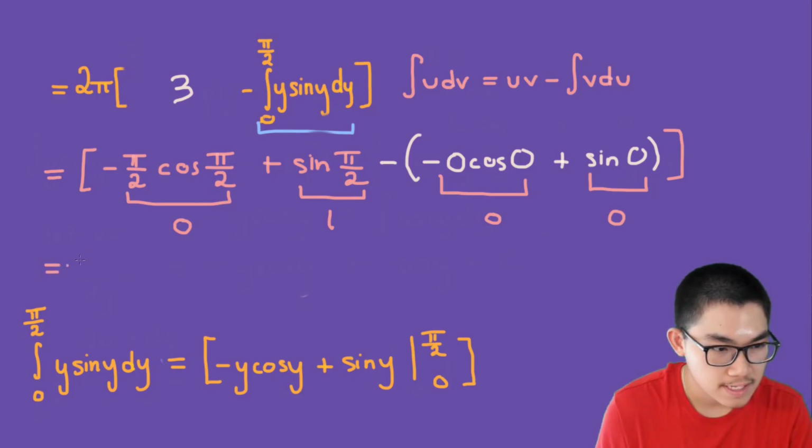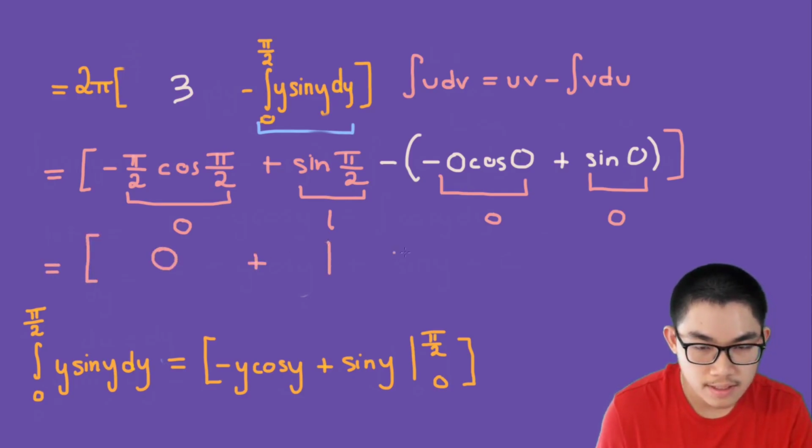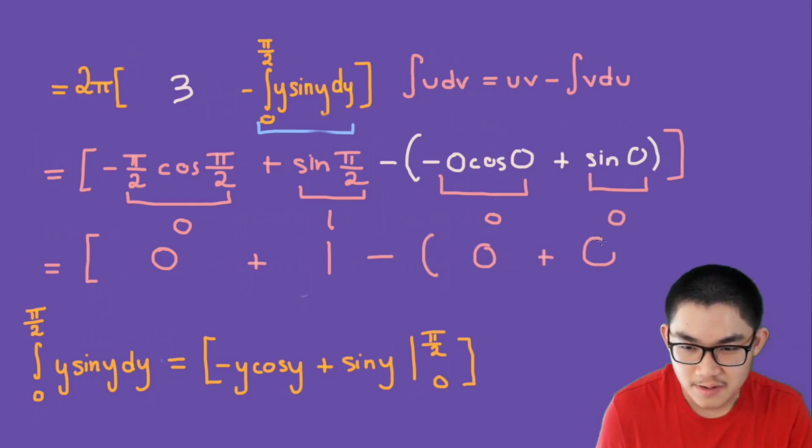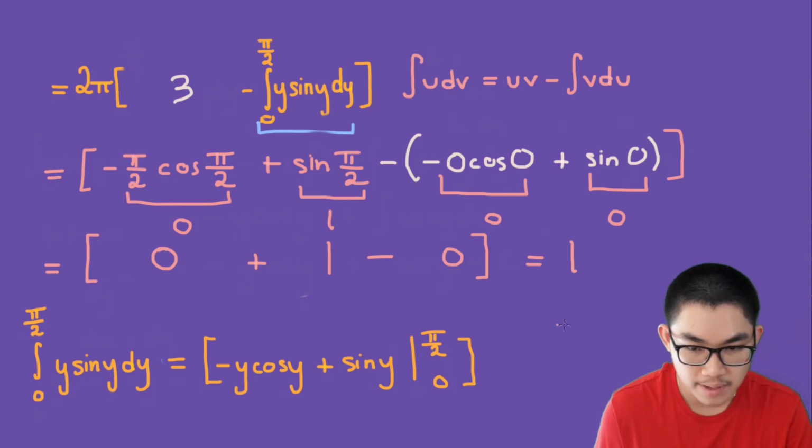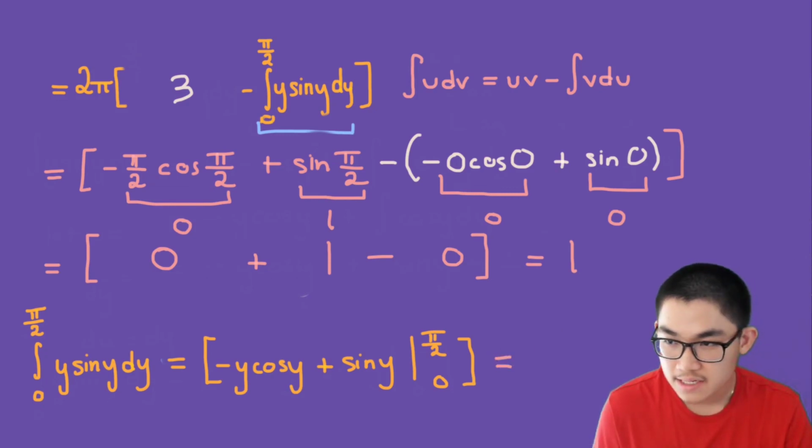So this is the same as 0 plus 1 minus 0 plus 0. Now, we don't even need to write that. We can just say minus 0 and then close the bracket right there. And this is just going to be 1. This means that after we substitute these numbers into our formula, we're going to get 1.